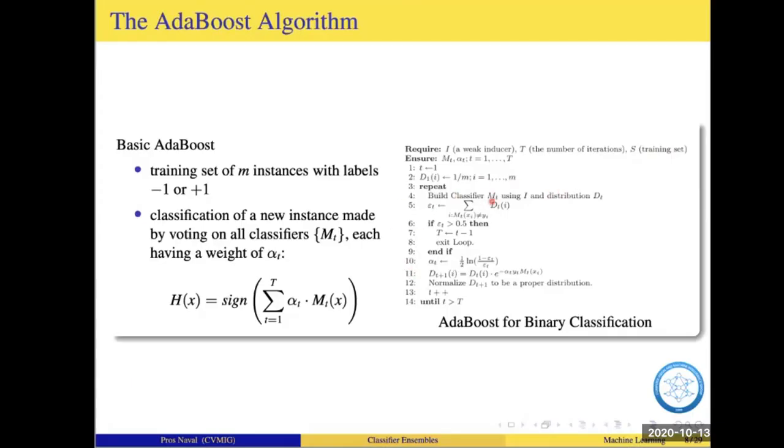We build a classifier, h_t, using the inducer, I, and distribution D_t. This distribution changes from iteration to iteration, and then you solve for a quantity called epsilon sub t.